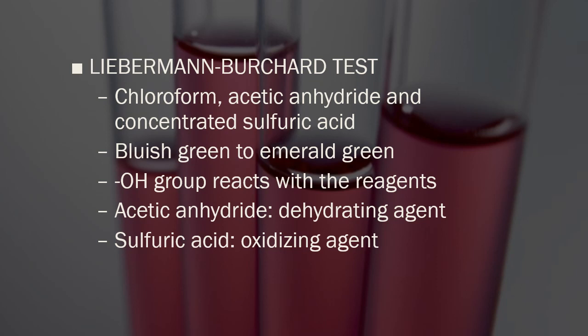Your acetic anhydride is utilized as your dehydrating agent, and your sulfuric acid as the oxidizing agent. In the presence of cholesterol in the sample, it will give you a bluish green to emerald green color.